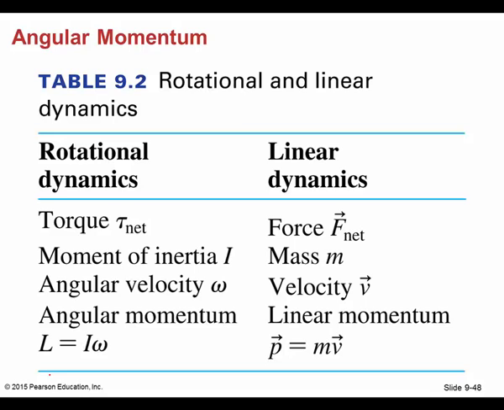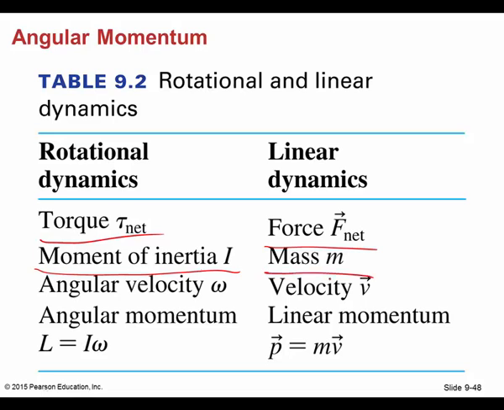Now here's showing you just the comparison. We're comparing rotational to linear dynamics. Of course, we know that rotational dynamics deals with torque. We cause motion in a rotational manner. How do we cause motion in a linear manner? Well, we apply a force to it. Moment of inertia, like the mass, depends on how easy it will be to create or stop motion.